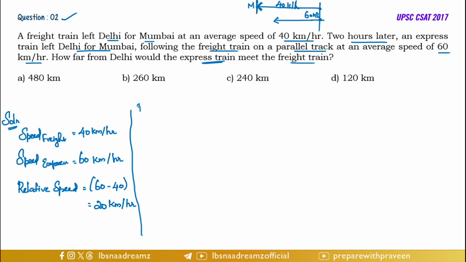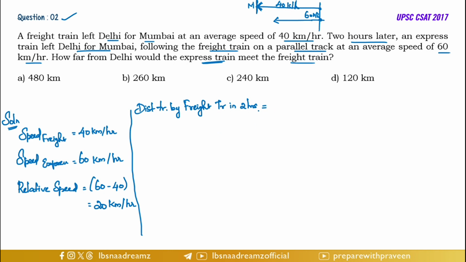Distance traveled by the freight train in 2 hours, because the express train is leaving 2 hours later than the freight train. Okay, so we are taking 2 hours.